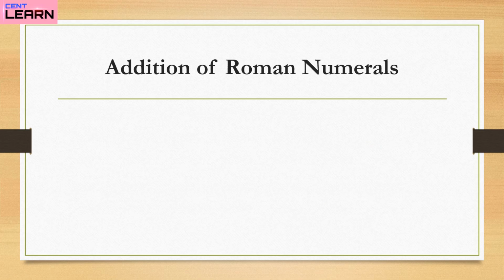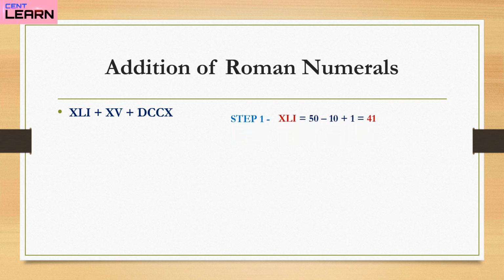Addition of Roman numerals. XLI plus XV plus DCCX. First, XLI is equal to 50 minus 10 plus 1 because X is equal to 10, L is equal to 50. So the smaller number appears before the larger number, so the values will be subtracted and I is equal to 1. So the value will be 41.